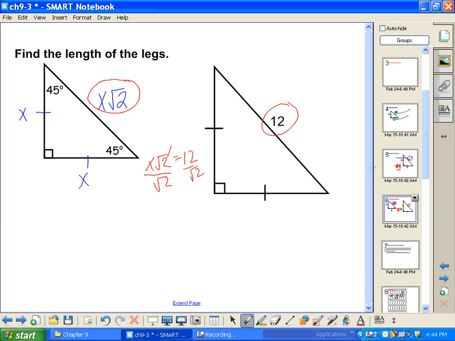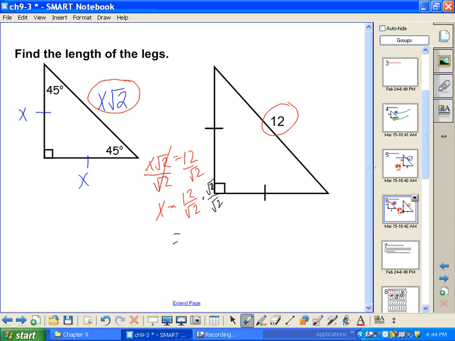When I do that, my radical 2's cancel, and I'm left with x equals 12 over radical 2. But remember back to your algebra 2 days, we do not like radicals in the denominator. We need to rationalize that denominator. In order to do that, we need to multiply by a factor of 1, meaning I need to multiply by radical 2 over radical 2.